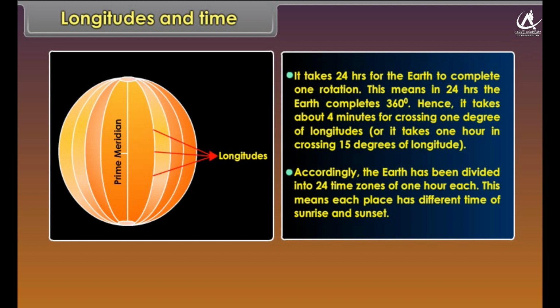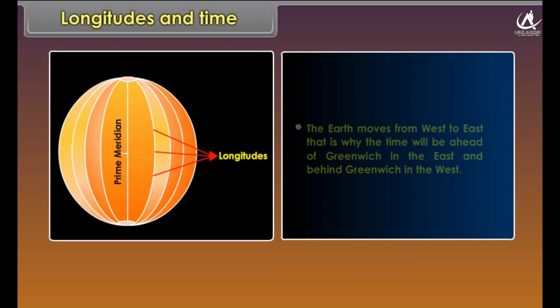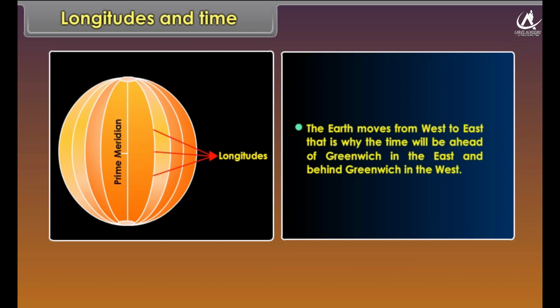Accordingly, the Earth has been divided into 24 time zones of 1 hour each. This means each place has different time of sunrise and sunset. The Earth moves from west to east. That is why the time will be ahead of Greenwich in the east and behind Greenwich in the west.